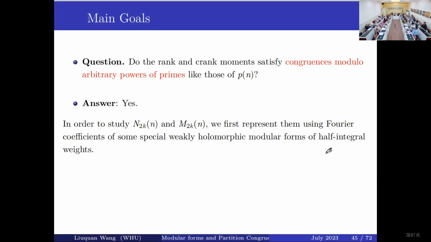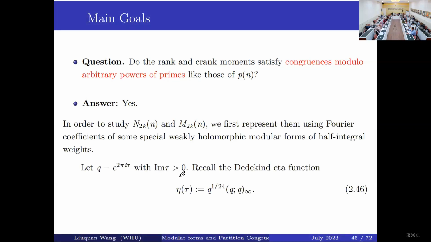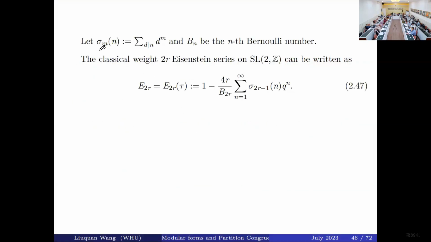In order to study the moments of rank and crank, we first represent them using Fourier coefficients of some special weakly holomorphic modular forms. Recall the Dedekind eta function we defined in our first part, which is defined in this way. Then we recall the sum of divisors function σ_m(n), and the Bernoulli numbers.